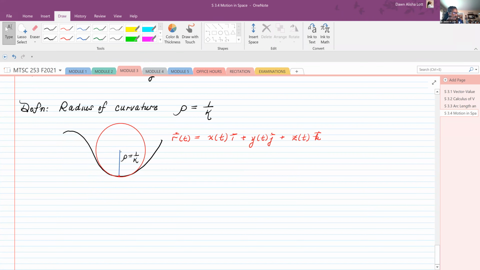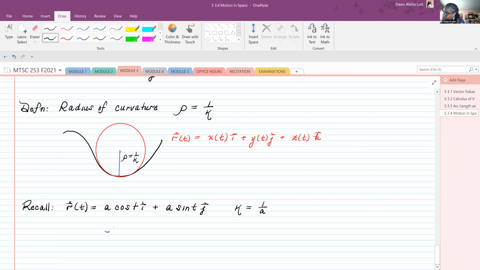What was the other one we did? Yes, we did a circle. Recall, we had R of t equal to a cosine t i plus a sine t j, and we showed that kappa equaled 1 over a.